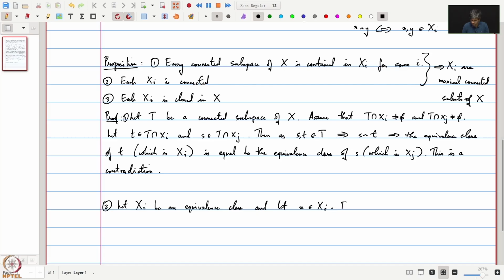Then for any y in Xi, since x and y both of them are in Xi, as x is equivalent to y, there is a connected subspace T sub y contained in X such that x and y belong to T sub y.